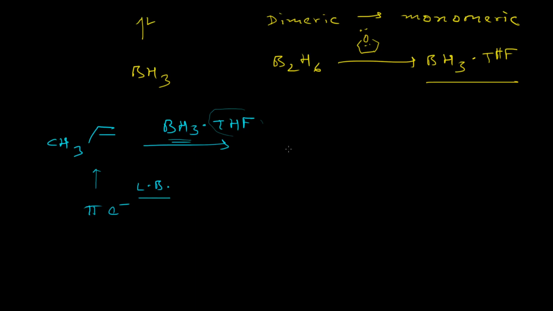So there will be an initial interaction between this alkene molecule and the boron, and this interaction will result in the formation of a pi complex. So we can represent the pi complex like this, or we can represent it like that.